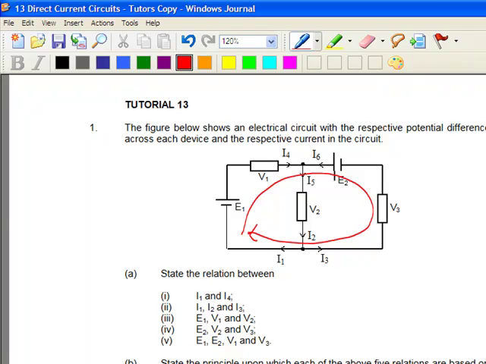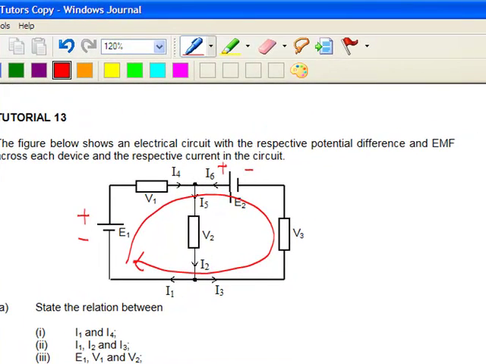Total potential rise is E1 plus E2? Look at the positive polarity for E1 and E2. E1 is positive here, negative here. Are they helping each other or fighting against each other?